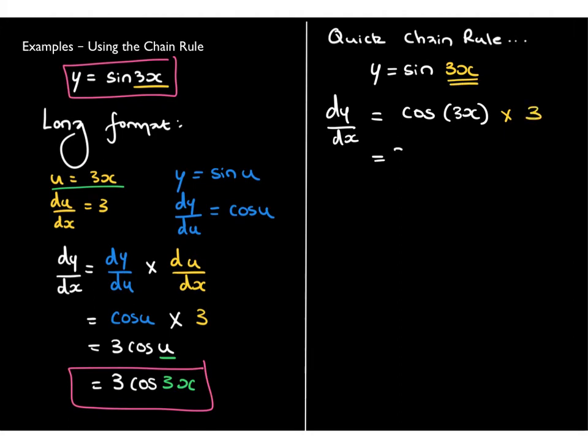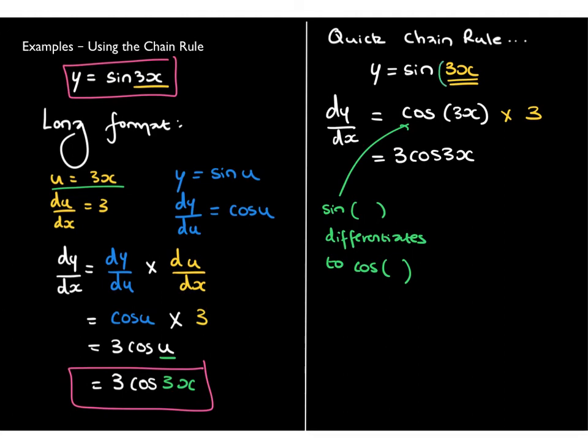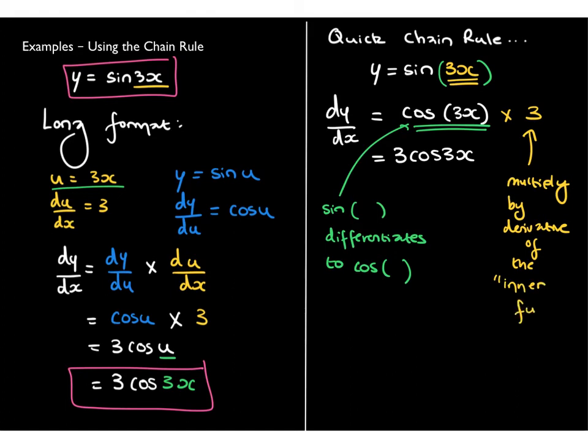And there we get to 3 cos 3x straight away. So let's just say that again. We know that sine of something, in this case the something being 3x, differentiates to cos of something, cos of 3x. And then of course we finish by multiplying by the derivative of the inner function. And that's how we can apply the quick chain rule.